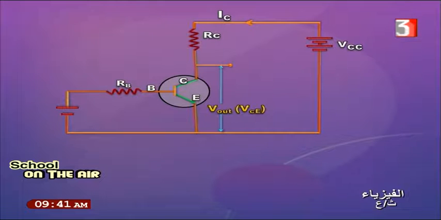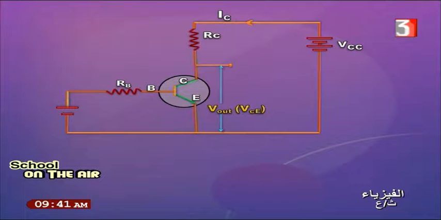Your attention please, talking about VCC, and it is actually 6 volts. It is equal to the sum of the potential V out or VCE and IC times RC. Let me explain something. RC is the resistance of the collector. IC is the current of the collector.